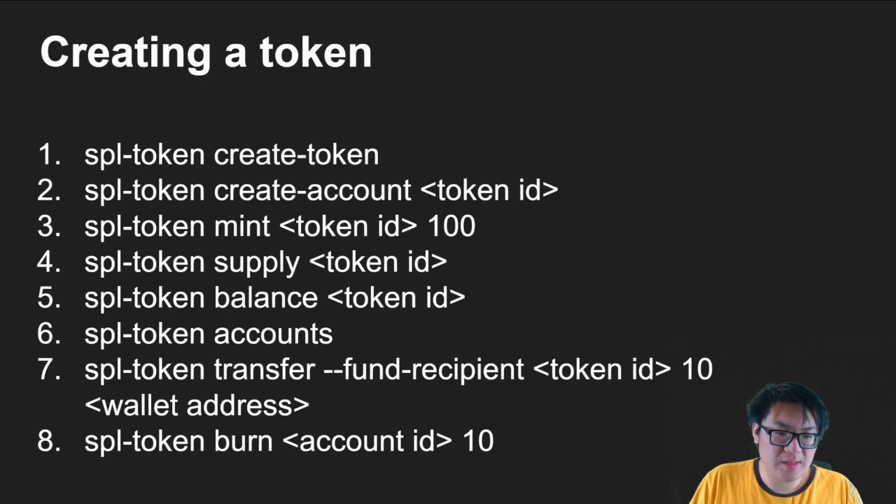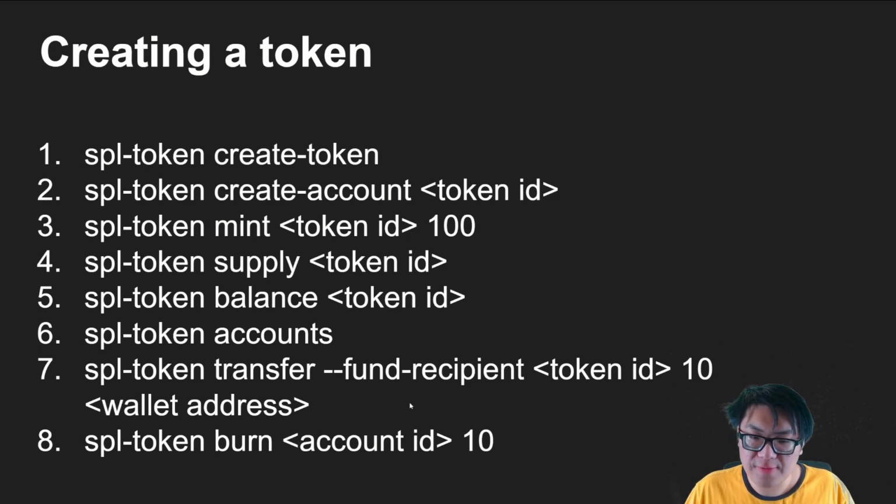And if we want to transfer funds, and this is actually a pretty important command because I can see many smart contracts use this to send SOL or other tokens to someone else. To actually give tokens, we use SPL token transfer. We add the parameter fund recipient. I'll talk a bit about this later. We give the token ID, how many tokens we want to transfer, and then the wallet that we want to transfer this to.